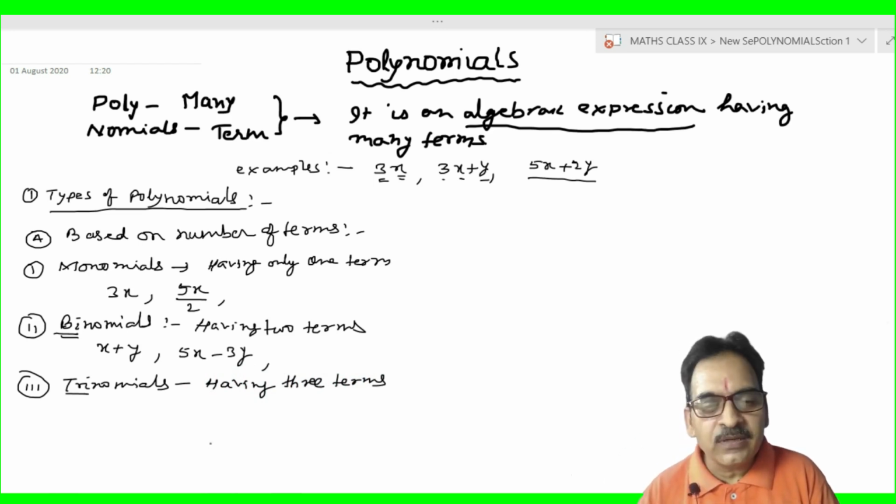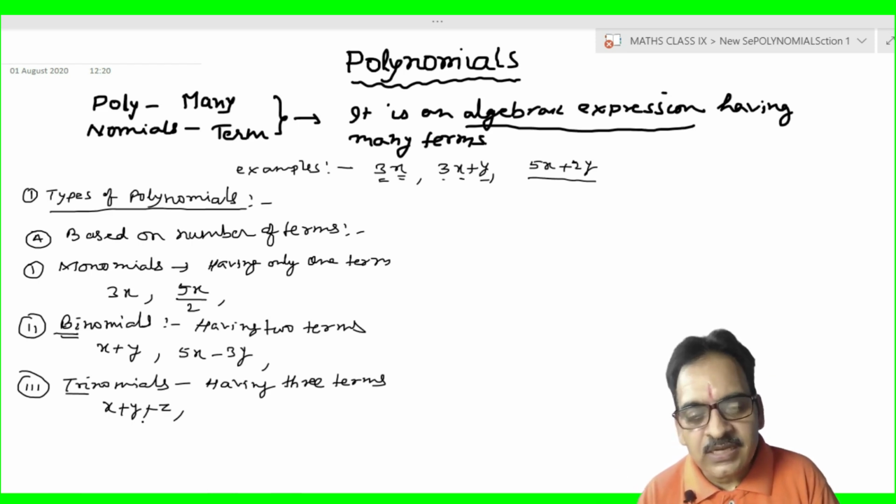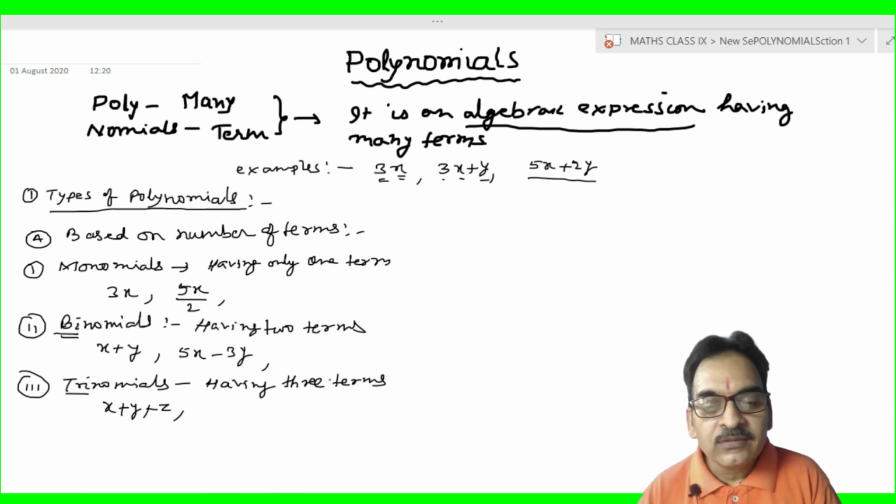If we take a simple example, x plus y plus z. You have taken three variables x, y, z, associated with two plus signs: one term, two terms, three terms. So this whole together is known as a trinomial. Similarly, one more example: 5x square minus 2x plus 3.